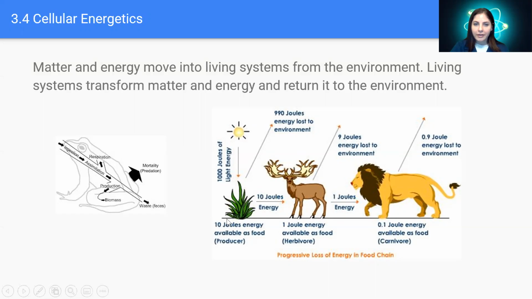So starting with the plant, it has 10 joules of available energy to transfer on to its next level. So only 10 joules can get transferred onto the herbivore that eats the plant. Only one of those joules of energy can get transferred on to the top level predator that might eat the herbivore. And so the rest of that energy is lost to the environment through heat or through waste.